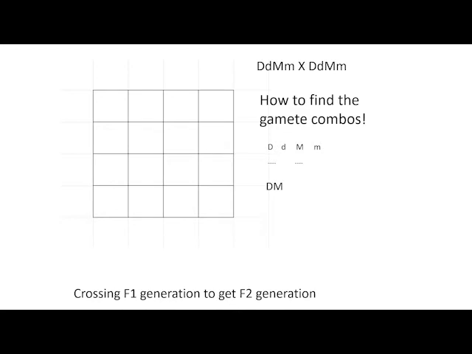I can only use each letter twice. Here I drew black lines under a big D and a big M, giving me big D, big M. When I do this, remember, I have to have one of each letter. I can't have 2 D's or 2 M's as one of my gametes, in which case something went horribly wrong during meiosis, and I'm not going to get the correct answers for this Punnett square.